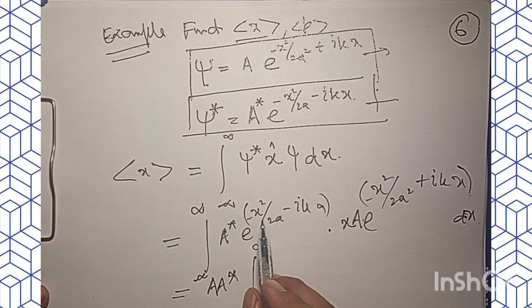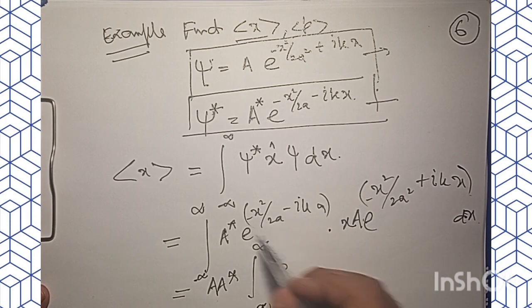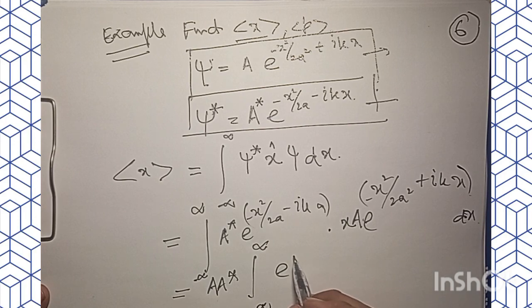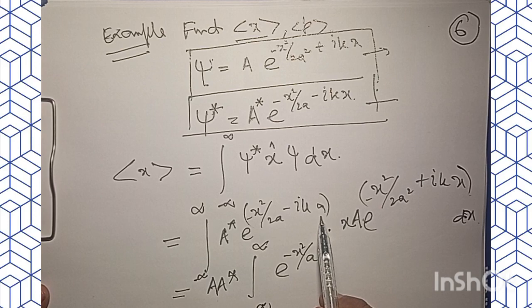So what I am going to get here is e to the power of 2 times this, so the 2 and 2 are going to cancel. So I'll be getting minus x squared by a. That will be the case, and this minus iota kx will die with plus iota kx, so that term will not stay here.